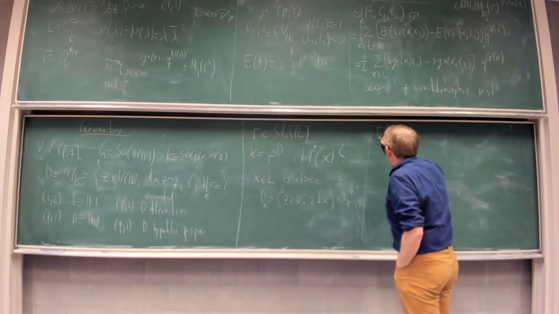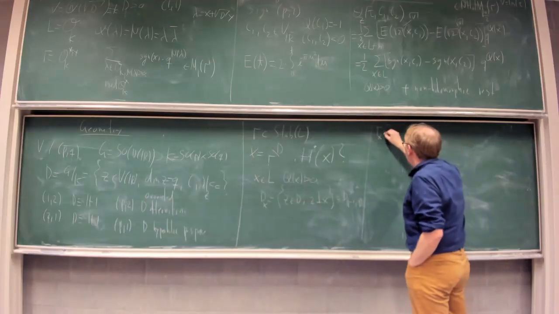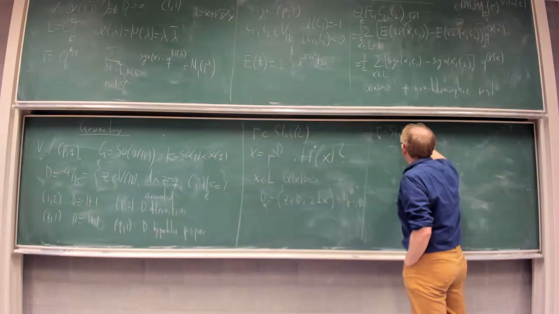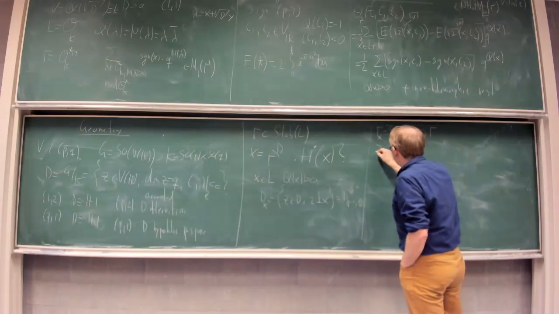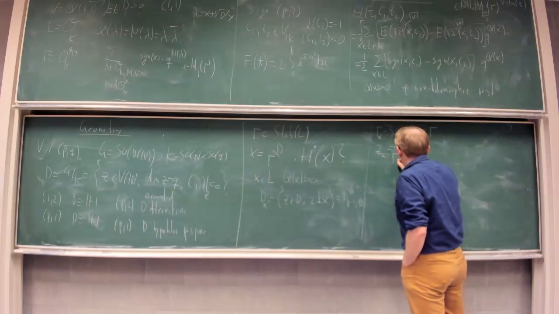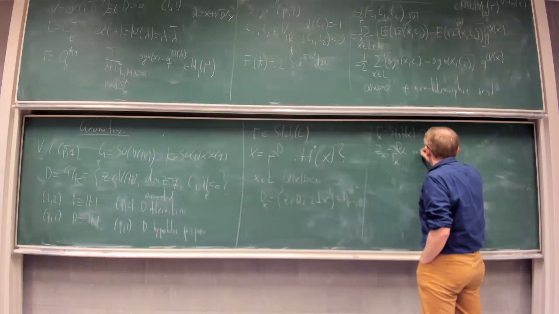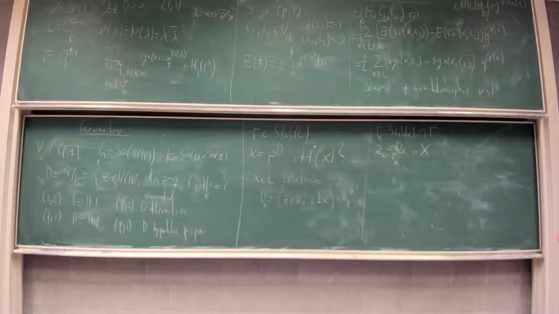You look at gamma_x, the stabilizer of x in gamma, and then you look at the quotient D_x modulo gamma_x in your symmetric space X.